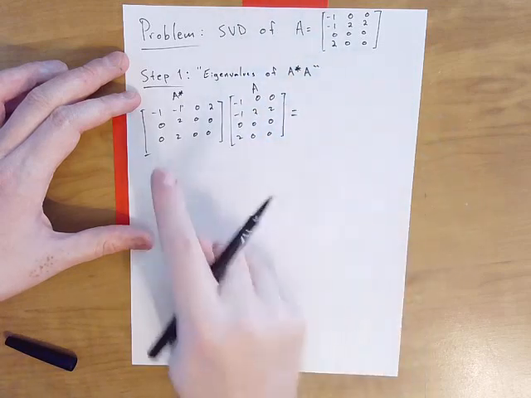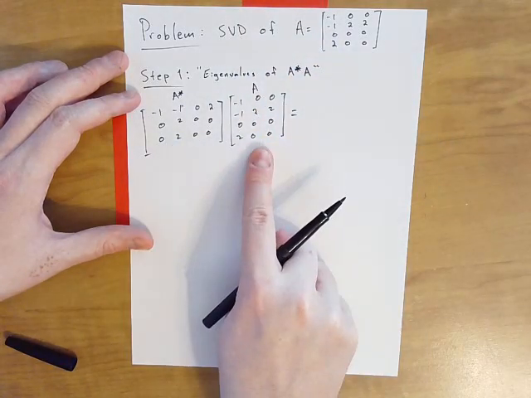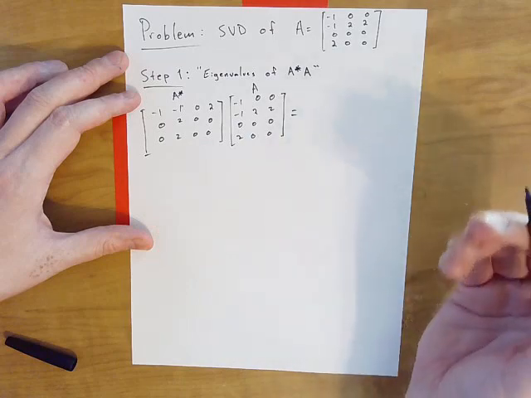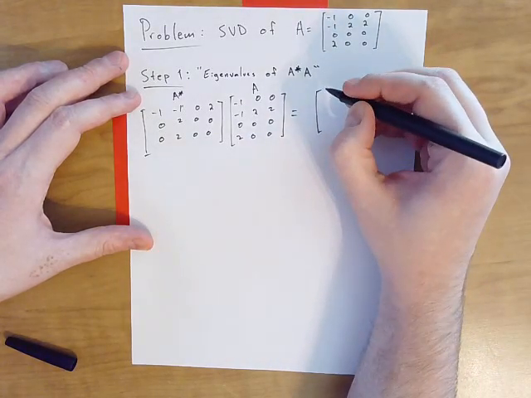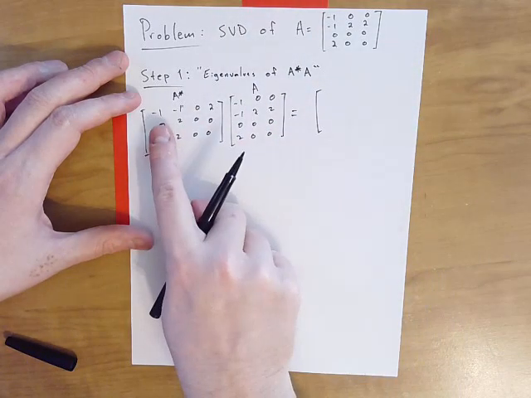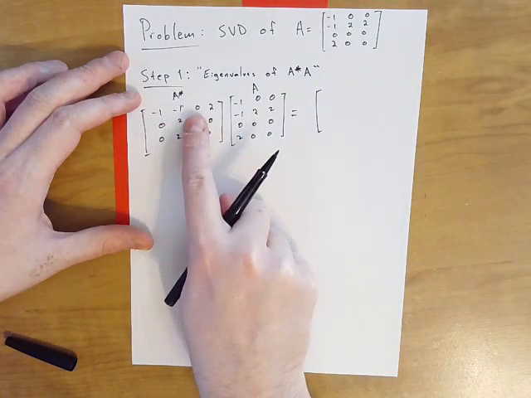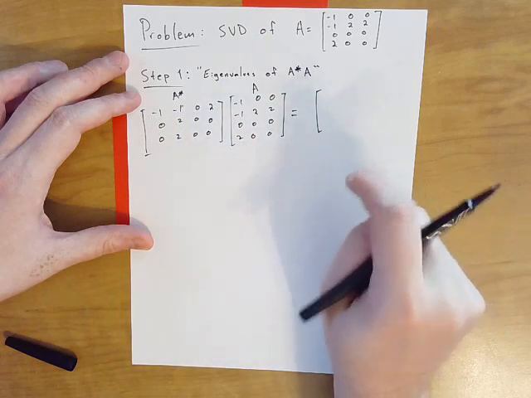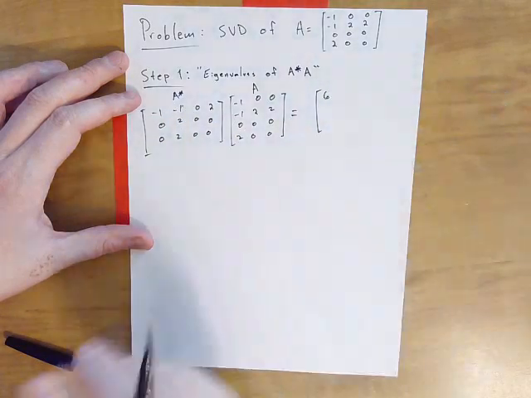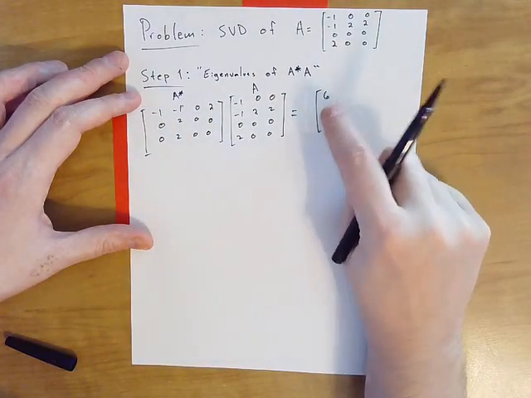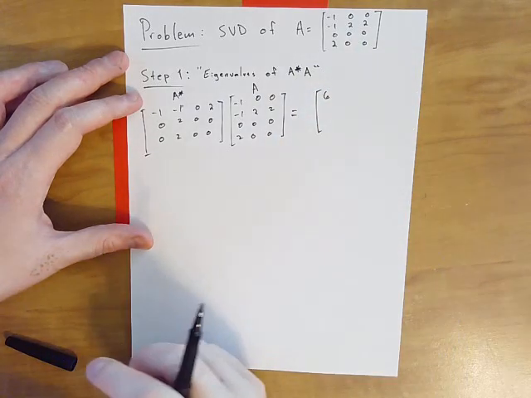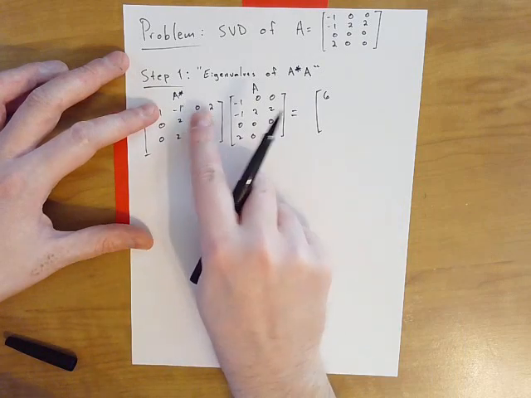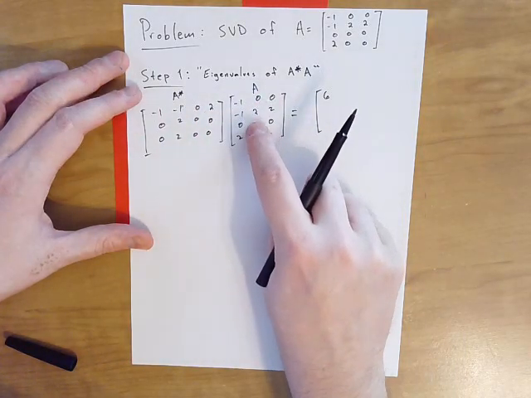So when we multiply this 3 by 4 by this 4 by 3, we produce a 3 by 3 matrix. And what are the entries here? So the first entry will be the dot product of negative 1, 0, 2 with itself. So that is 6. The entry to the right, and consequently, because of symmetry, the entry right below this will be the dot product of negative 1, 0, 2 with 0, 2, 0, 0.